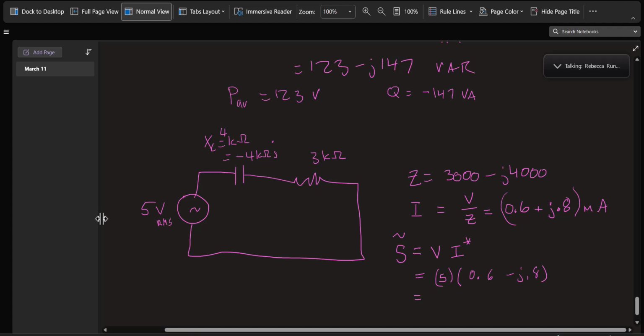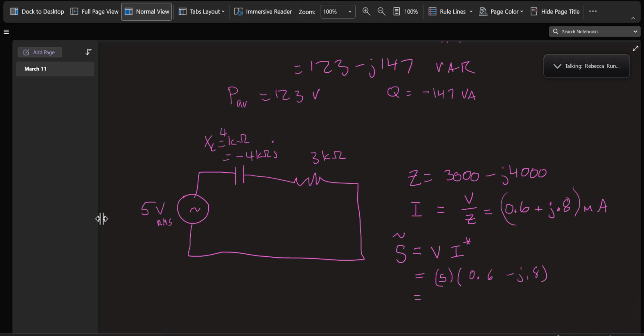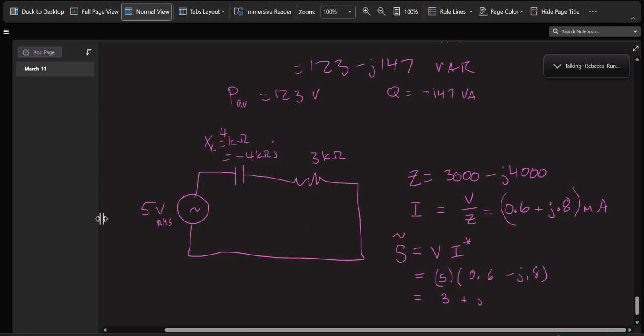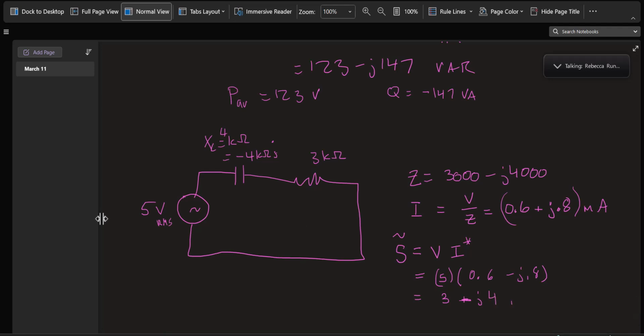And that would get us 3 minus J4 milliVAR.